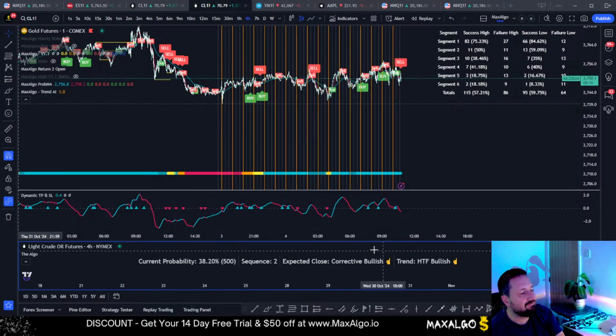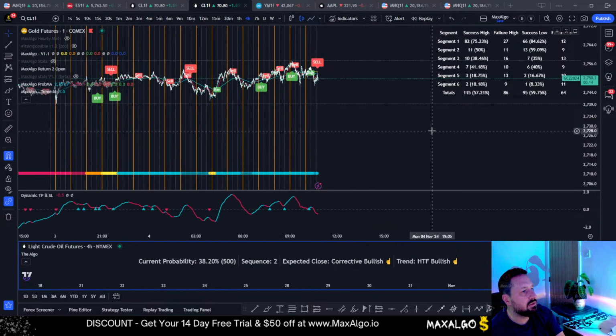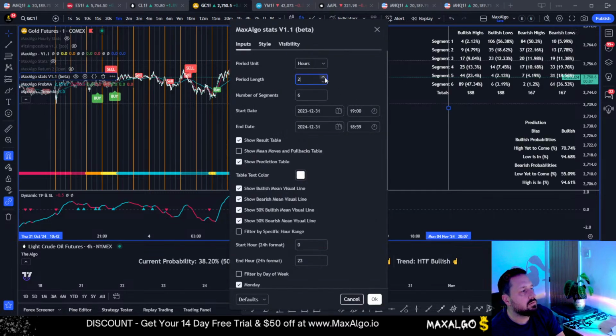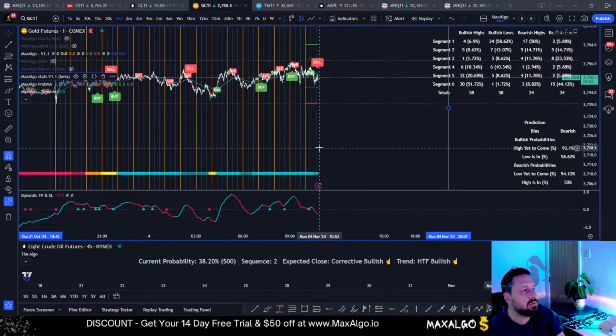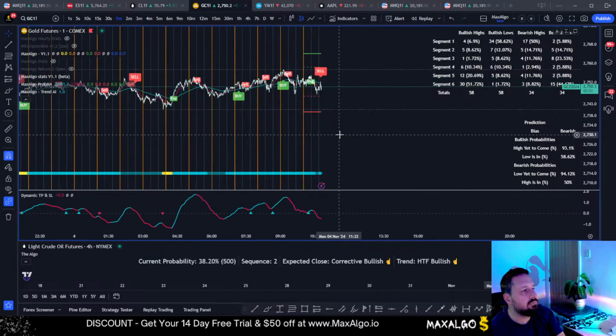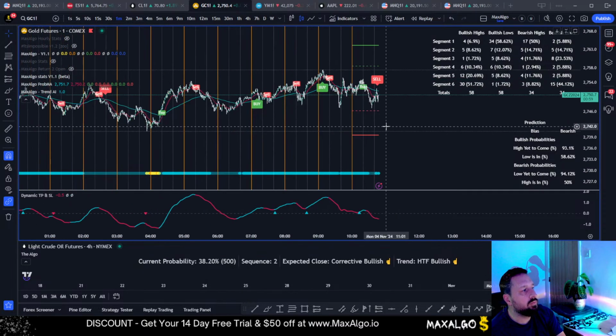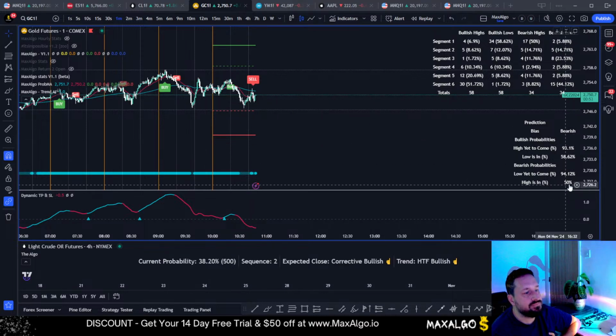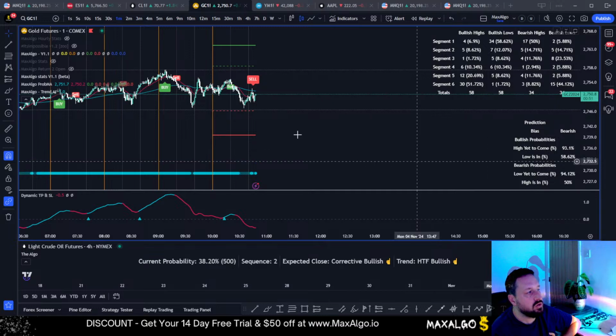Gold's looking more bearish. You see this low go in gold. That's again starting to give you that probability as time goes on.